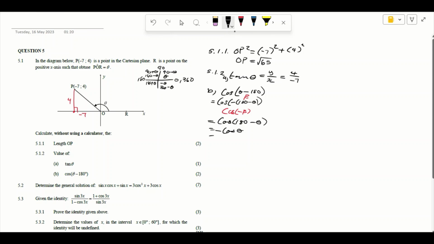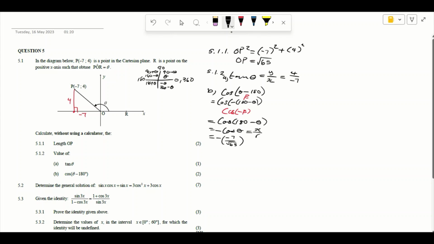And then cos theta is the ratio what? Cos theta is the ratio x over r. So that is negative, and then our x value is negative 7, and then r is root 65.